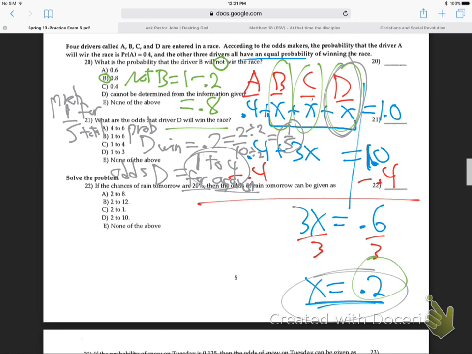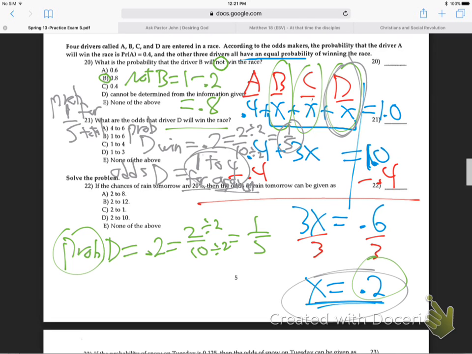So once you get to 1 out of 5, yes, I took the probability for D, which was 0.2. I converted that to 2/10, reduced it, and got 1/5. That's still probability. So I think, okay, what is that? That's for over total.